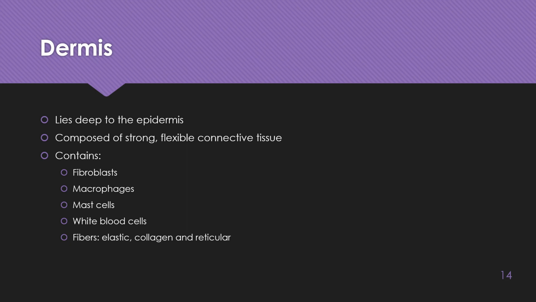Contains a lot of things. The dermis is kind of got a lot of things going on within it. So we have fibroblasts, and again, we know blast cells are important for building. So these fibroblasts are going to help us to build different types of fibers. Macrophages, so macrophages are little immune cells that are going to help us to eat up any waste products or any bad guys.